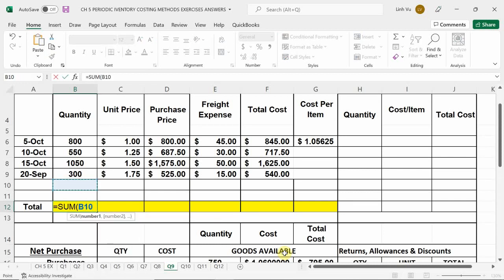How many items did I purchase in grand total? $26.50. 26. Ooh, off by 50. Hold on.